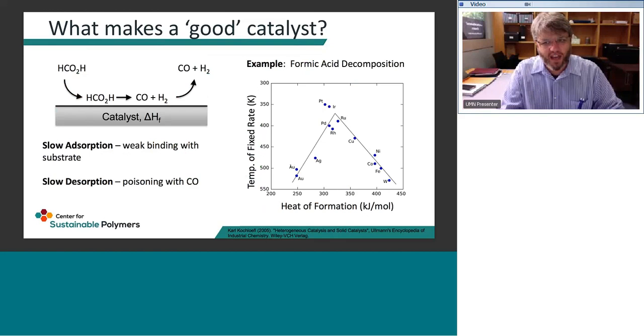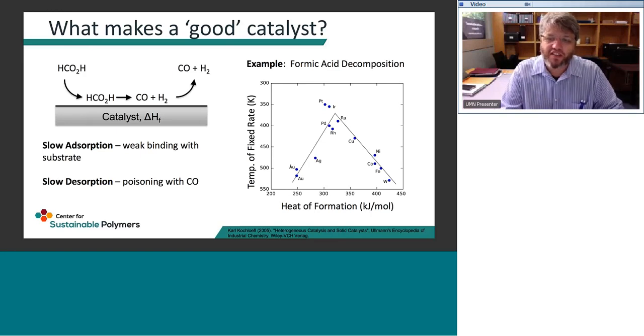This is formic acid decomposition, where we start with formic acid in the gas phase. It adsorbs, decomposes to carbon monoxide and hydrogen, and then that can decompose or desorb from the surface. And what you see on the right is the temperature for a fixed rate of reaction as a function of the heat of formation for these different metal species.